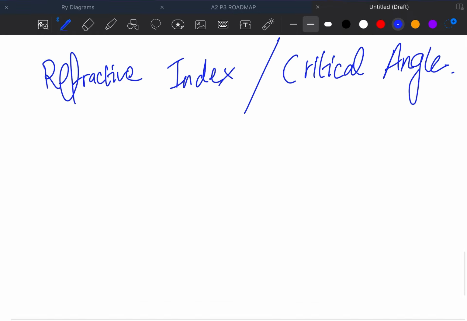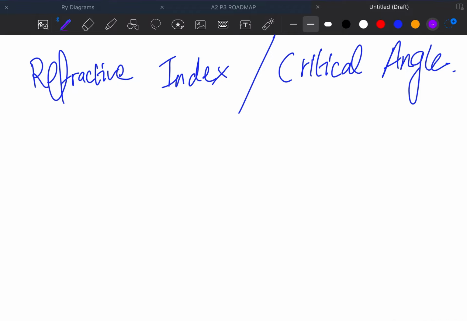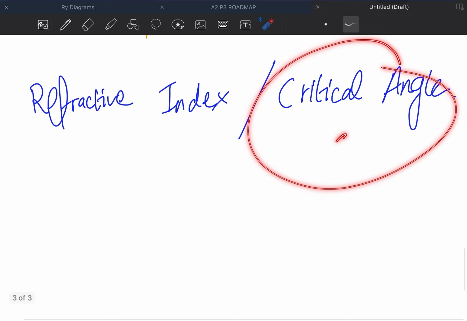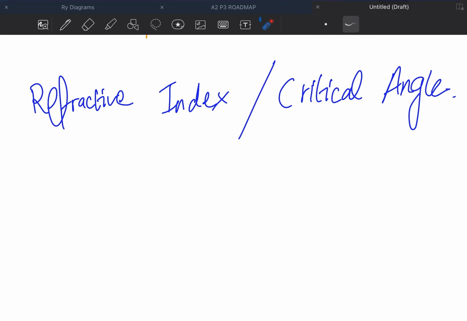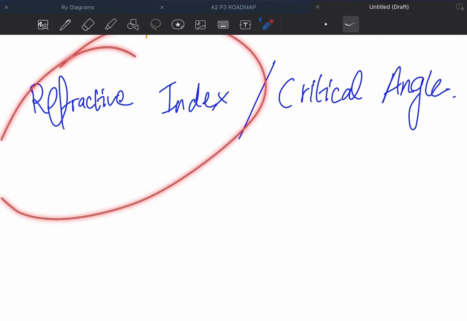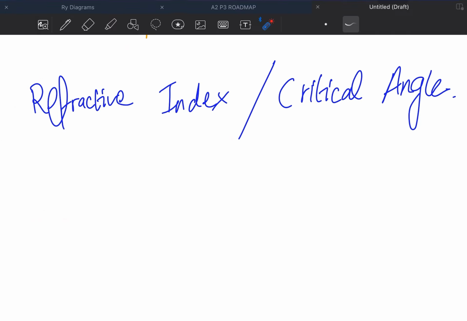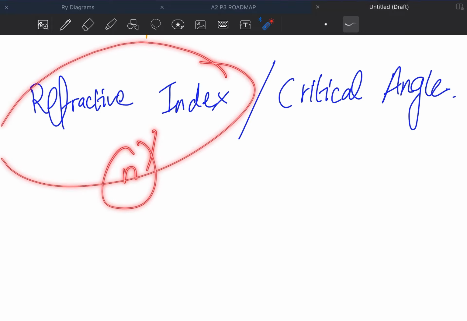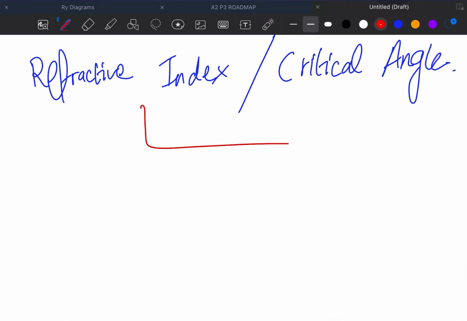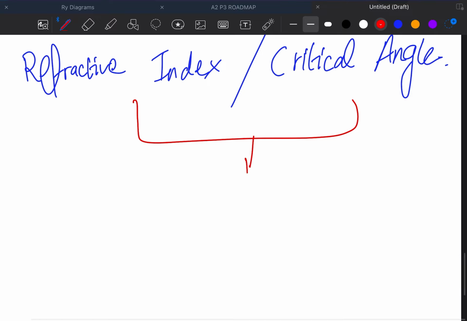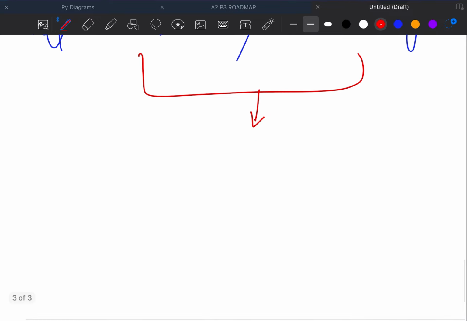What are they? I will tell you. The critical angle, let's say it as C, of a material is related to the refractive index. Remember, in the last class we were studying refractive index, and I said n indicates the refractive index. The relationship between the refractive index and the critical angle has an equation. What is the equation?